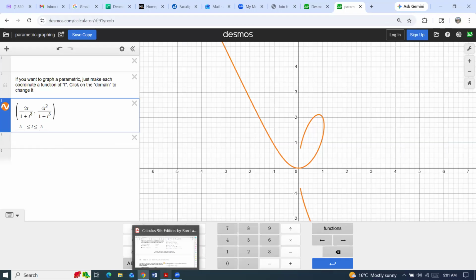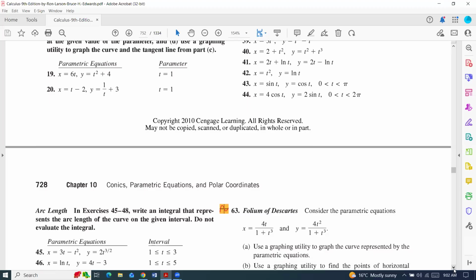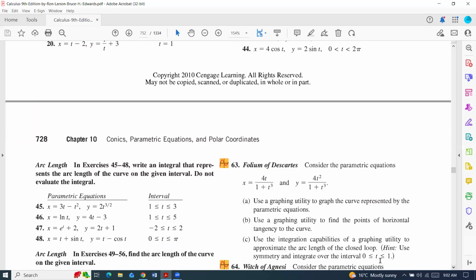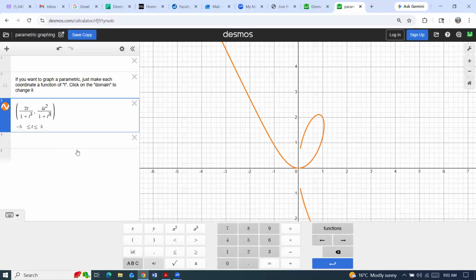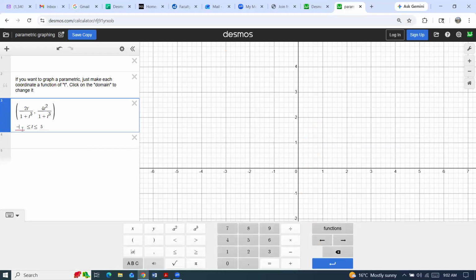So what they want me to actually graph here, so I can check it out, is there any restriction they have? And they want an interval of 0 to 1. So you can change the limits from 0 to 1.